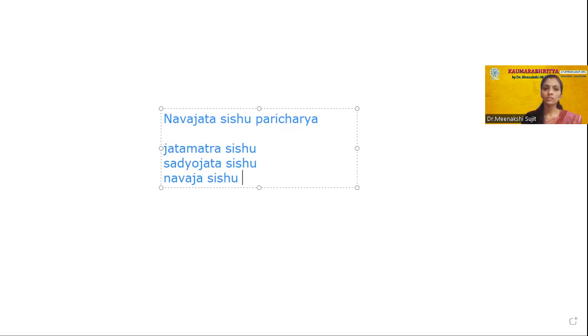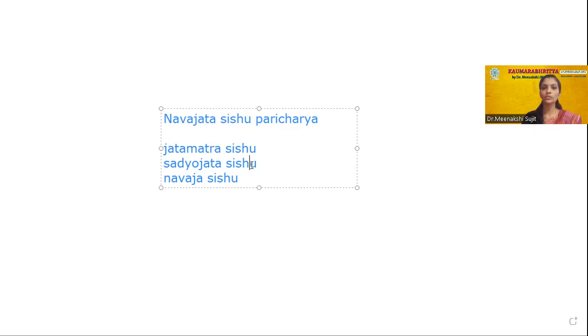Whereas the Jatamatra Shishu is the baby immediately after birth, from the first second of birth till cutting of umbilical cord. Sadyojata Shishu is the baby from the time of birth till 24 hours of birth.